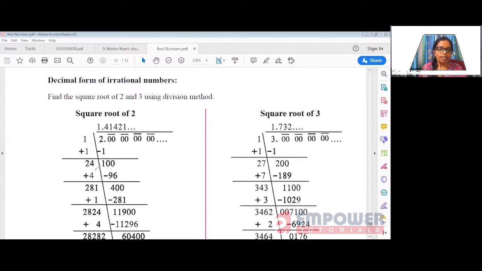And since we are multiplying by 4, we are writing 4 over here. Now 100 minus 96 will be 4, right? So after getting 4, we are taking another set of 0 over here. Now we have to add this 24 plus 4, so that will be 28. Again, there will be a vacant place over here.